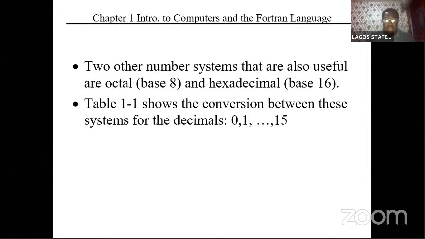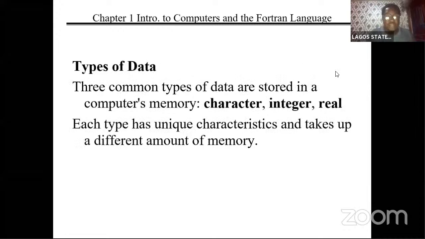So, before getting to the appropriate table, we will now conclude for today by saying that 2 other number systems that are also useful are the octal and the hexadecimal. That is the ones of base 8 and base 16 respectively. And the conversions will show the transformation of numbers from one of these systems to the other system.